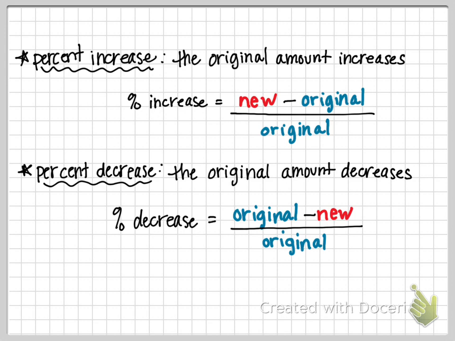In both of these, the key is you always take the larger amount and subtract the smaller amount. So with percent increase, the larger amount is the new amount because your original has gotten bigger. It's increased. With percent decrease, the original amount is the larger amount because over time, it's decreased. So originally you had more before it went down. So you always take the larger amount, subtract the smaller amount, and then divide by what you had initially.